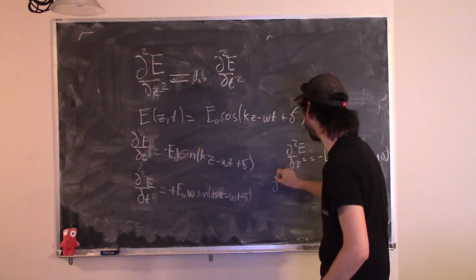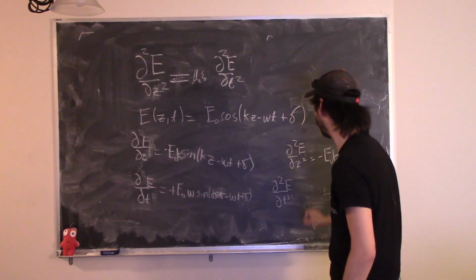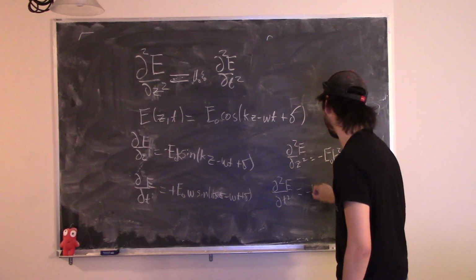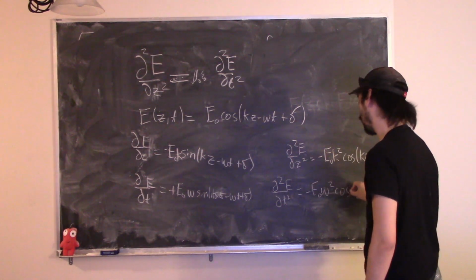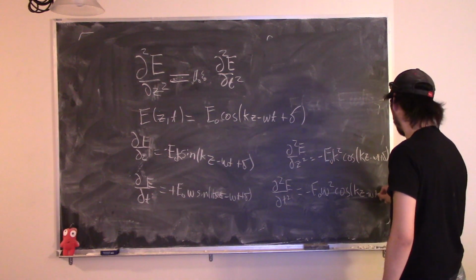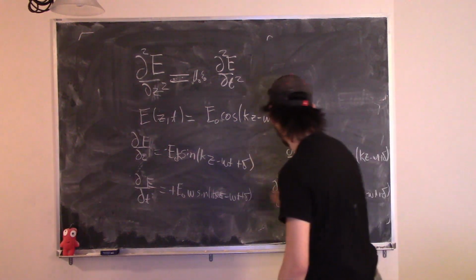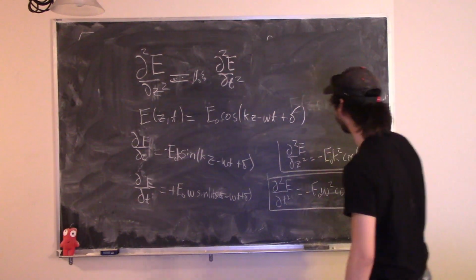And then the second time derivative is going to give me a minus E0 omega squared cosine of kz minus omega t plus delta. Now I have my second time derivative and my second spatial derivative.